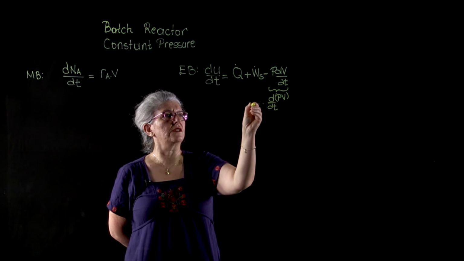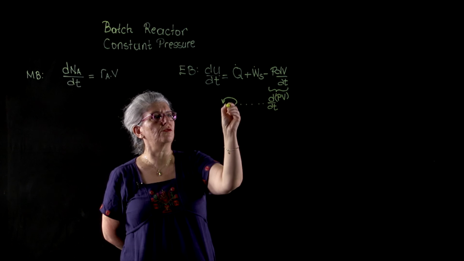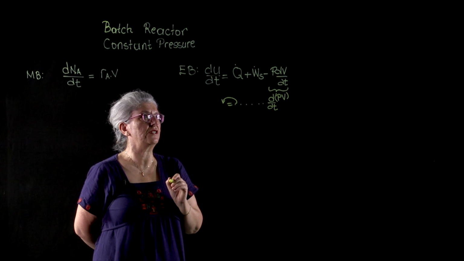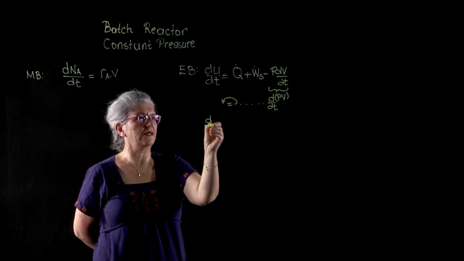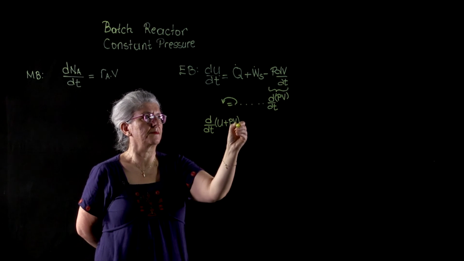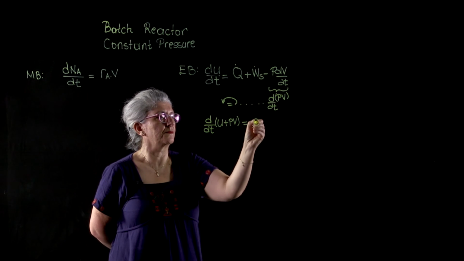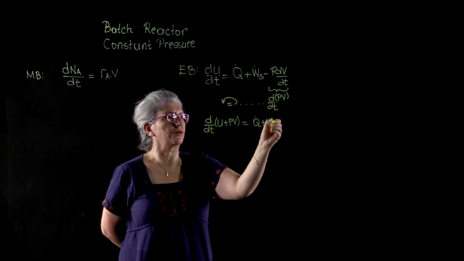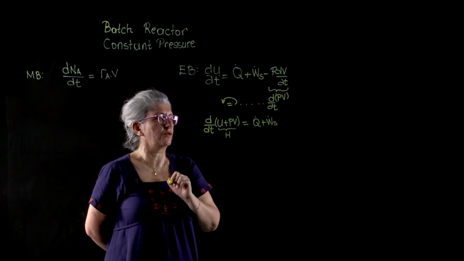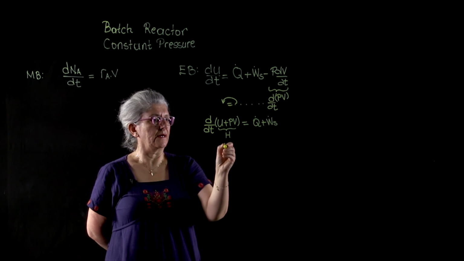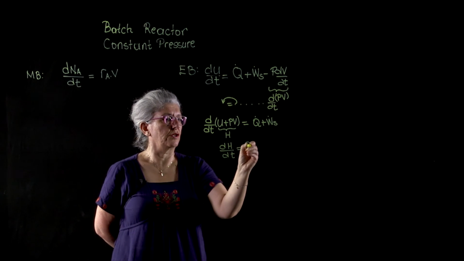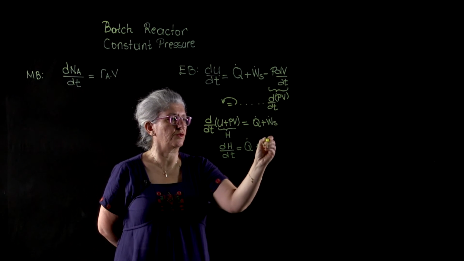We can transfer it to the left side of the equal and bring it with the internal energy term to obtain d of U plus PV over dt, that is equal to Q plus shaft work. This term is called the enthalpy. dH over dt is equal to Q plus shaft work.